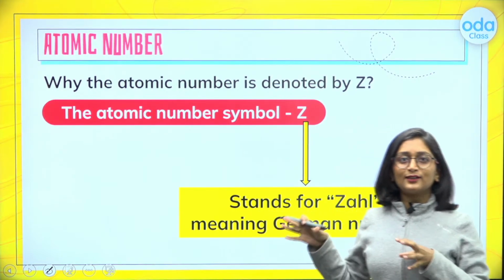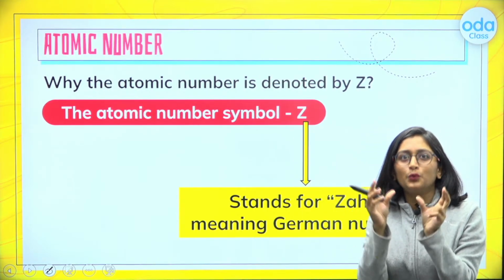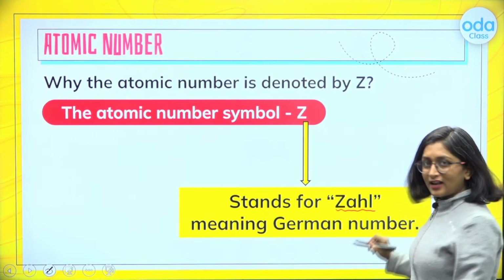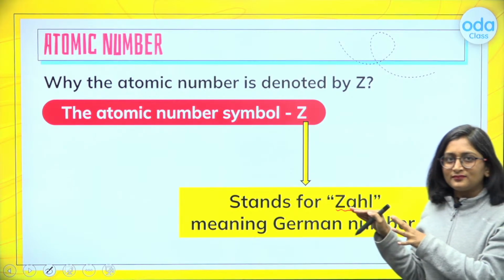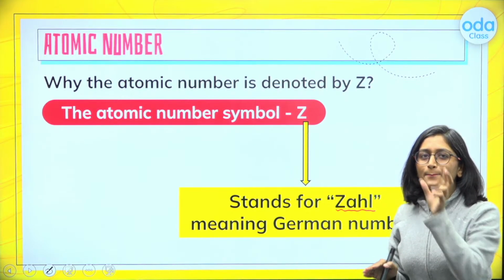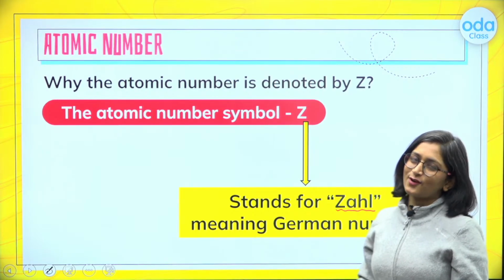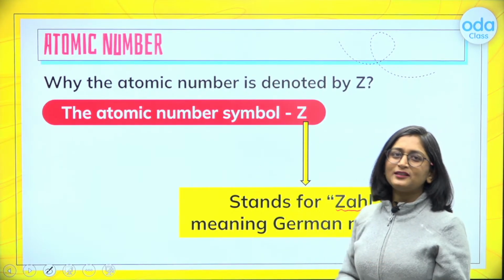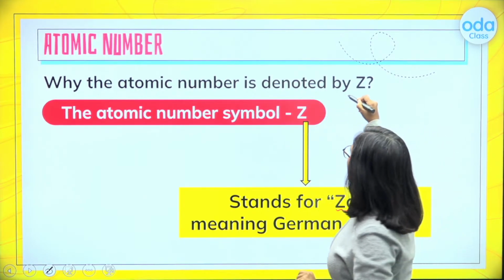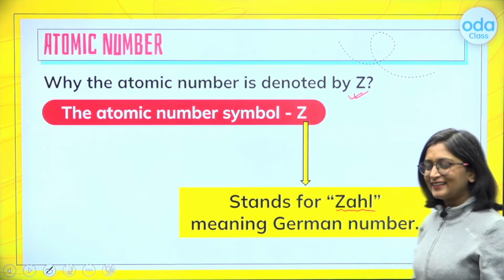In all these cases, Z stands for Zahl, spelled Z-A-H-L. This is derived from the German word meaning number. We are talking about the number of the atom, and thus it is represented as the atomic number. Since it is derived from the German word Zahl, it is represented as Z. I hope you now understand why it is represented by Z.